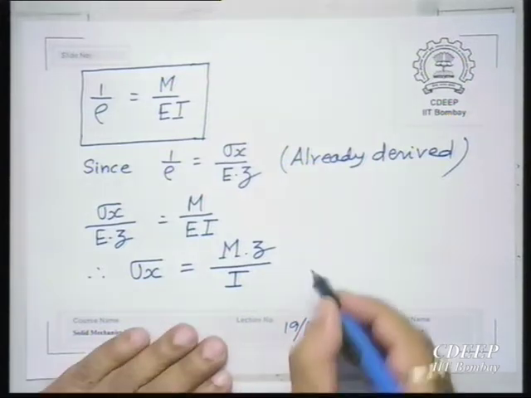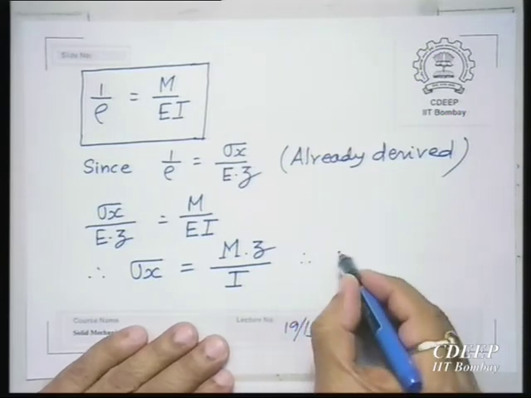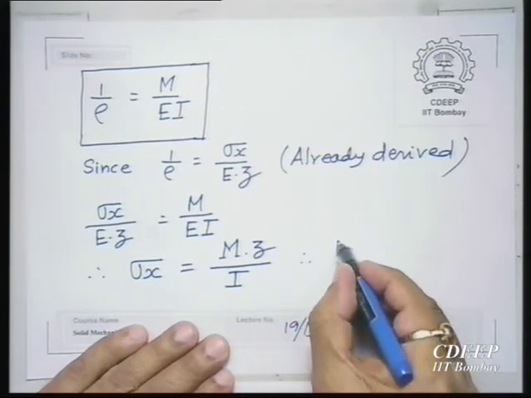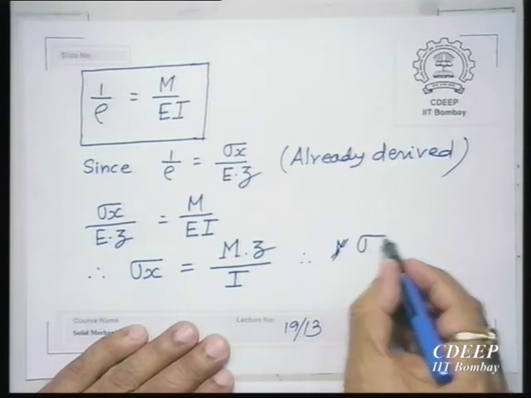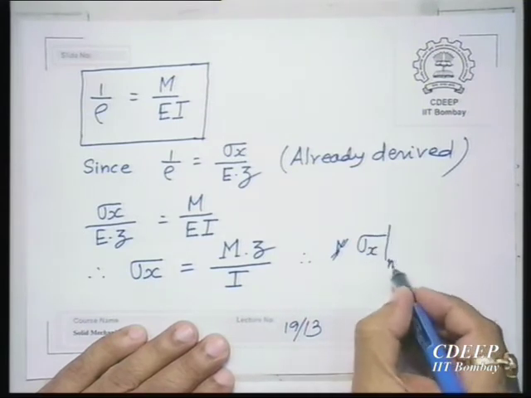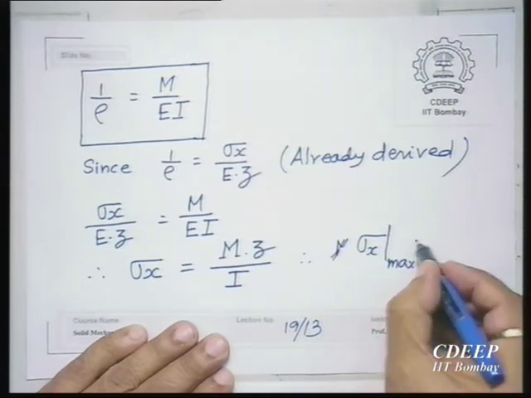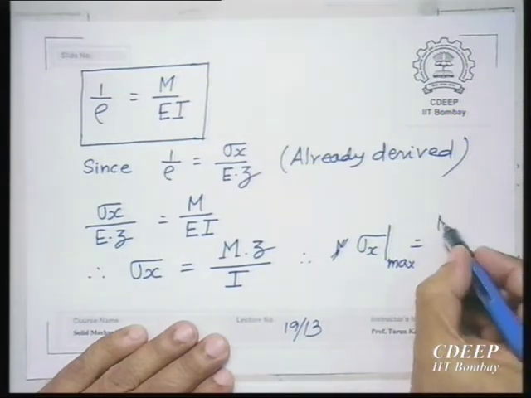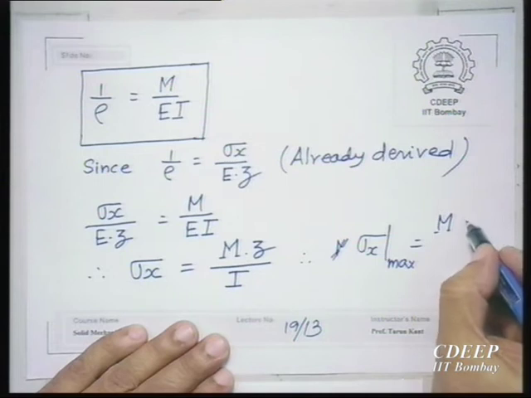So what is the maximum value of sigma x? What is the maximum sigma x that we can get? Yes, z equal to h by 2.